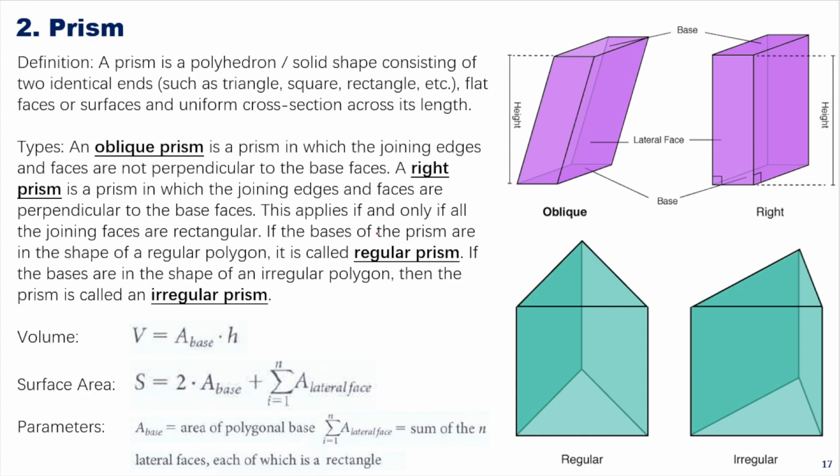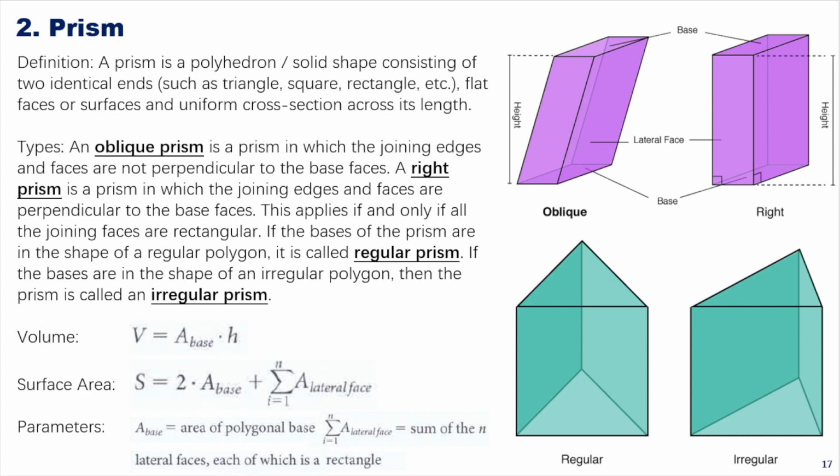There are several different types of prisms. First, an oblique prism is a prism in which the joining edges and faces are not perpendicular to the base faces. A right prism is a prism in which the joining edges and faces are perpendicular to the base faces.